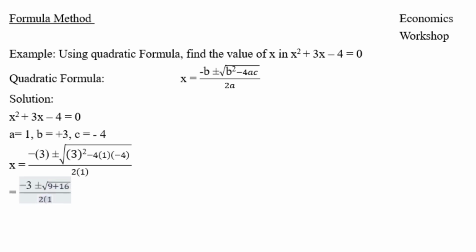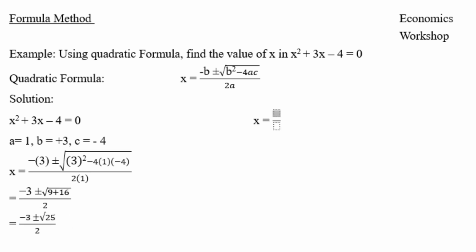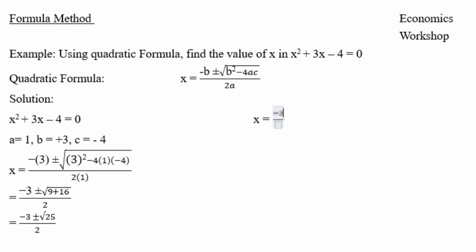And the denominator we have 2. So that's the next step. So we have minus 3 plus or minus root 25 divided by 2. And that is minus 3 plus or minus 5 divided by 2.